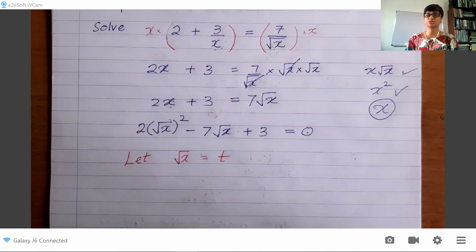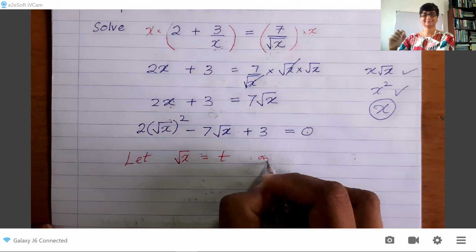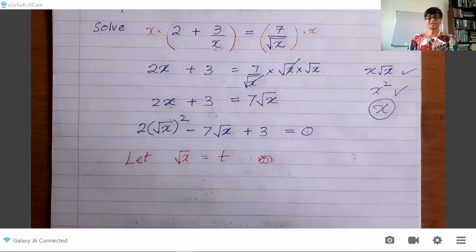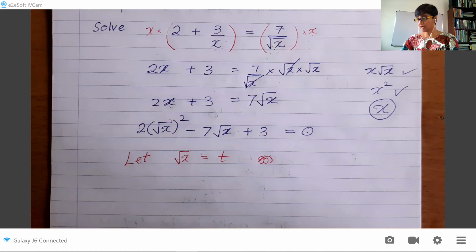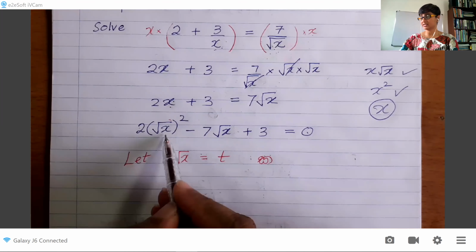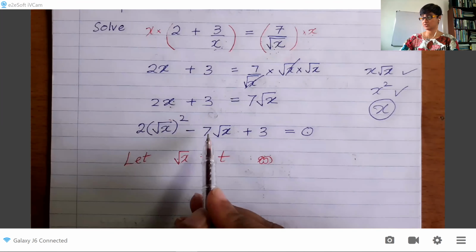You can use anything, m. You can even use, let's call root x cur. So you will have 2 cur squared minus 7 cur plus 3 is equal to 0.